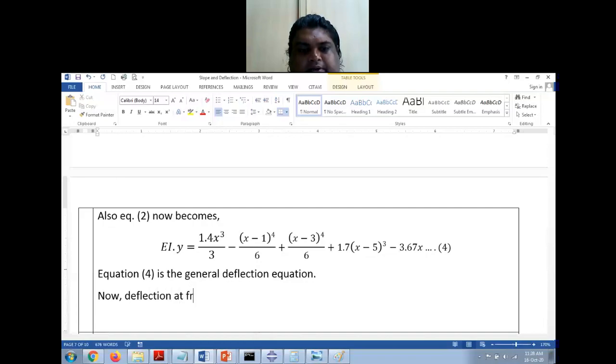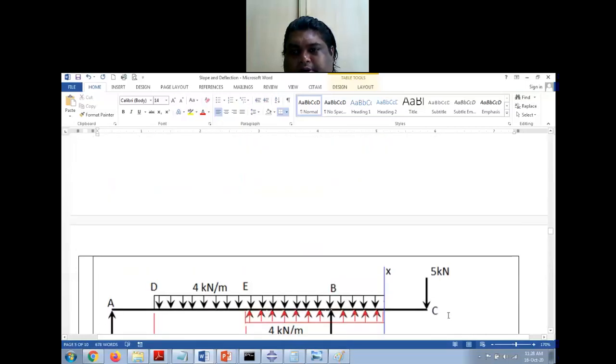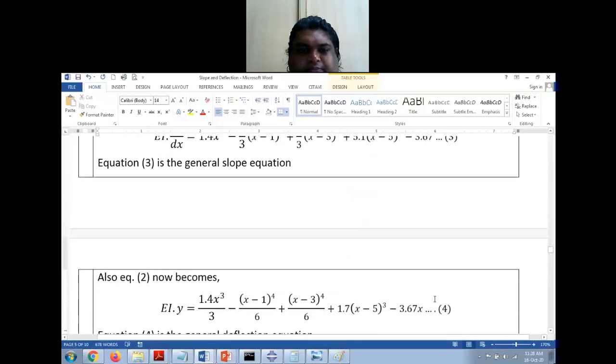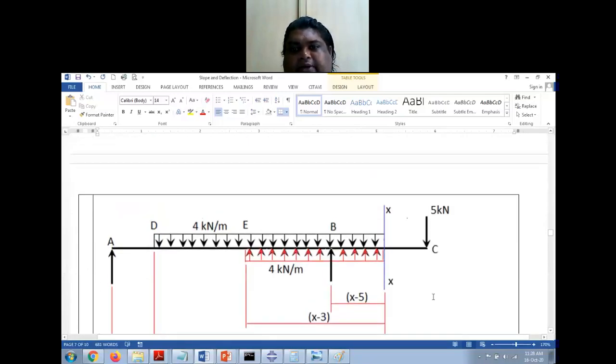Now deflection at the end, what is that point? C. Free end C, that is x is equal to, what is the value of x?